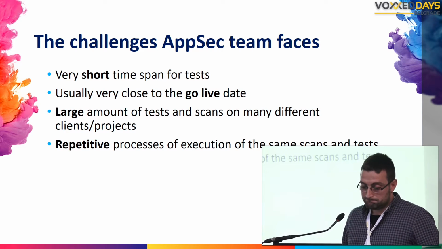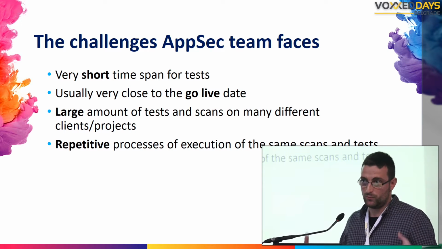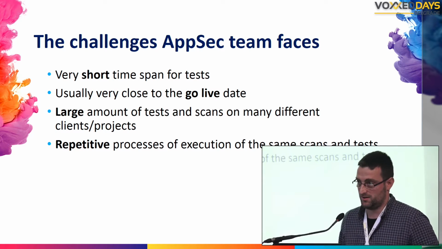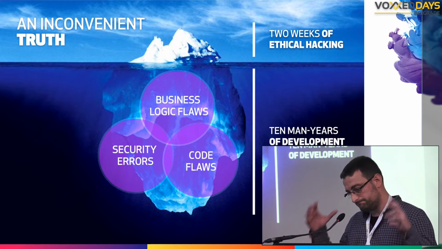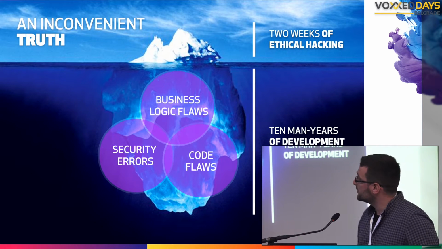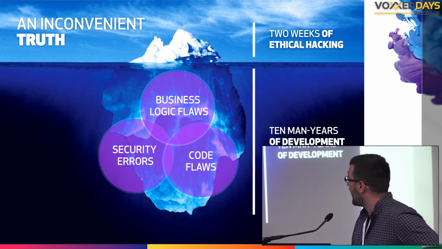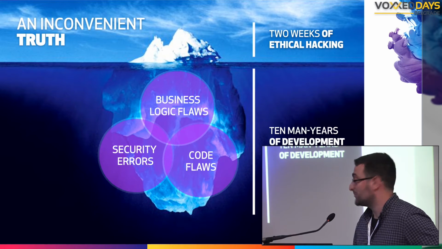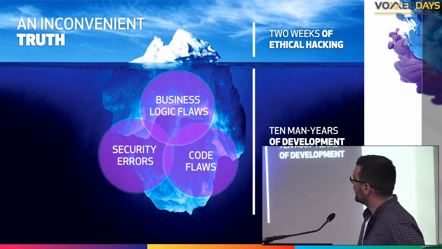So we have a problem that we want to avoid, and we want to make this process automated. I have an image here that puts what I'm talking about in perspective. This is a software development process that we have. The iceberg you see here is a huge project that we usually have in our company.